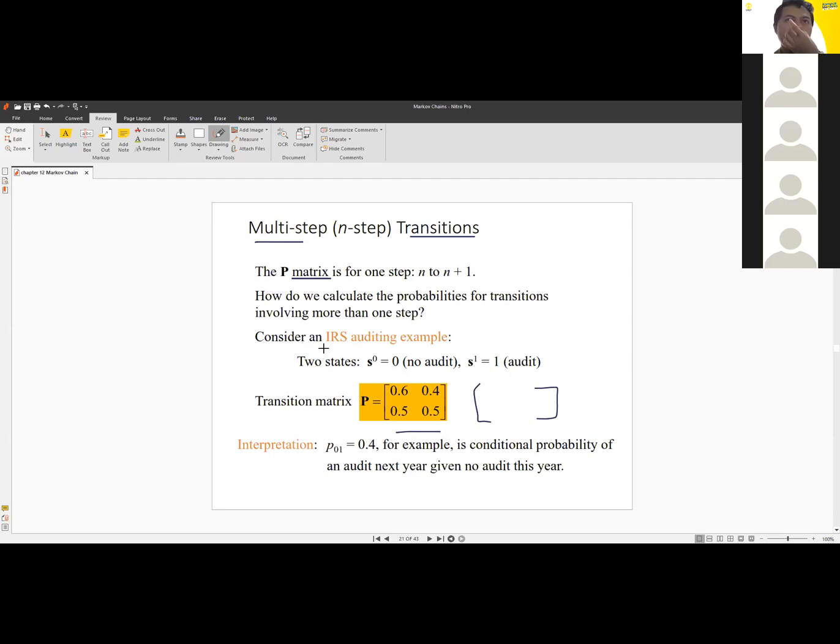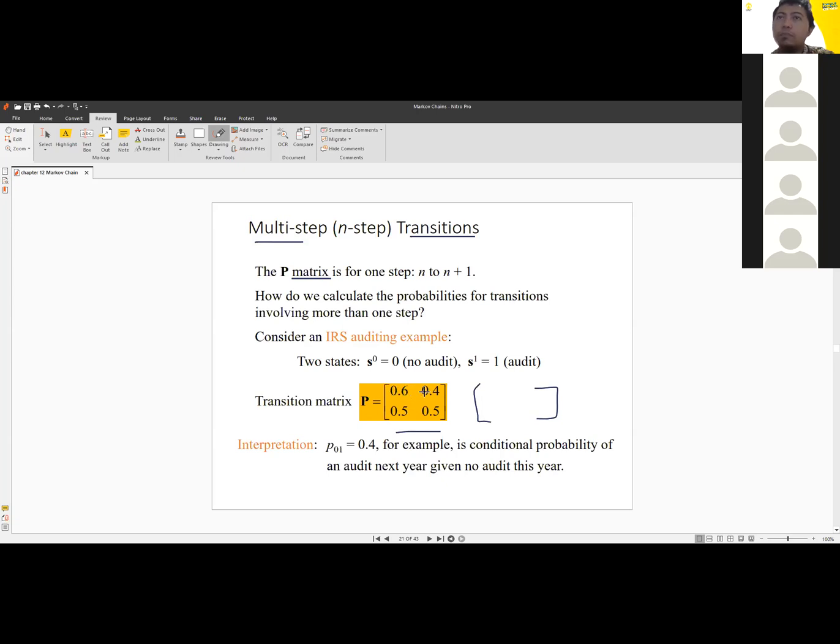Consider the IRS auditing example. For example, state 0 is no audit, and 1 is audit. The transition matrix is given like this. No audit to no audit is 0.6.